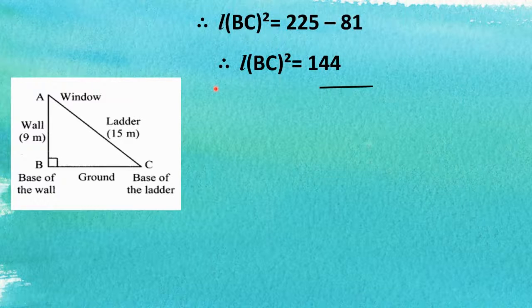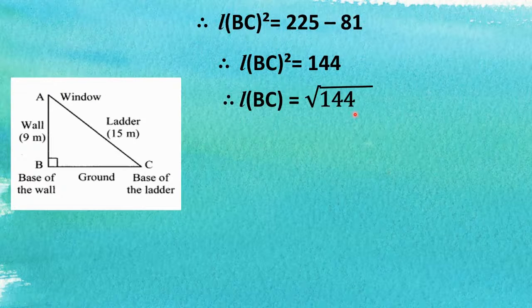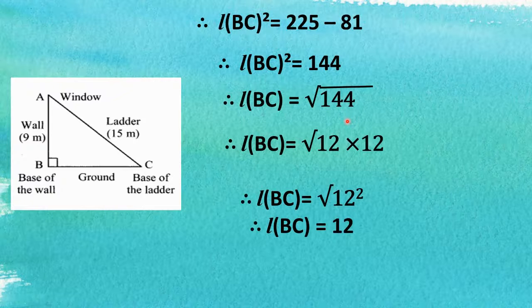So now students you can see here we have to find out length of BC and here we have length of BC square. So we will take the square root of 144. So length of BC is equal to square root of 144. Now we will further factorize square root of 144. So we will get length of BC is equal to square root of 12 multiplied by 12.